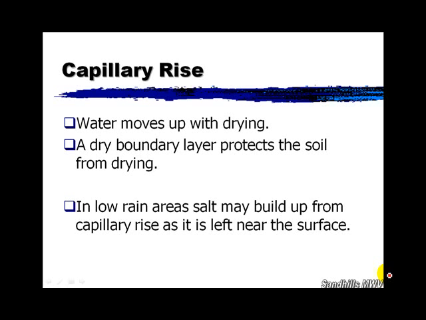As this capillary rise is the predominant physical movement of water, salts will be deposited on the surface and we get crusty salts, and this can be very damaging to plants because they'll have to work against that high osmotic potential.